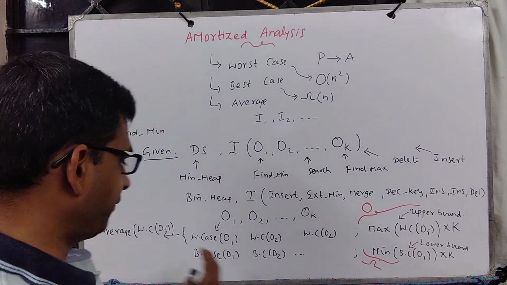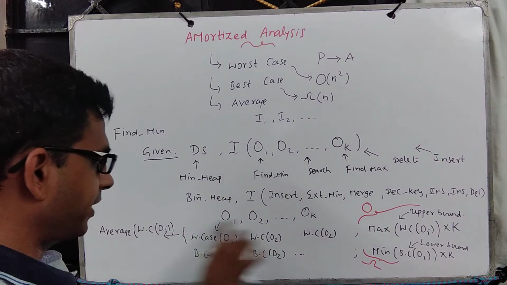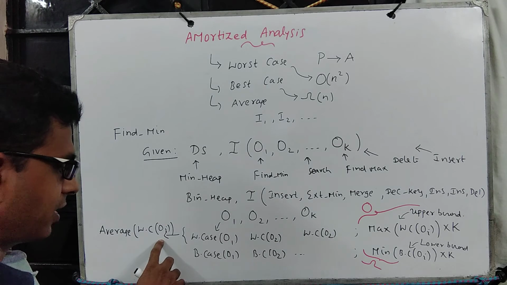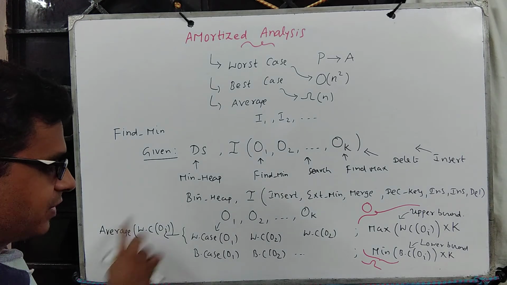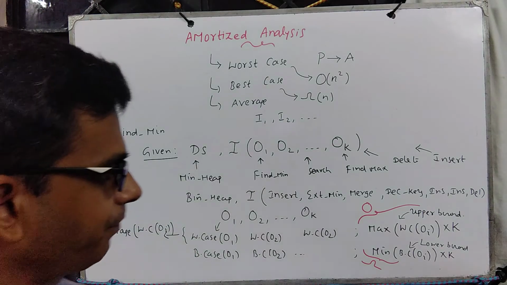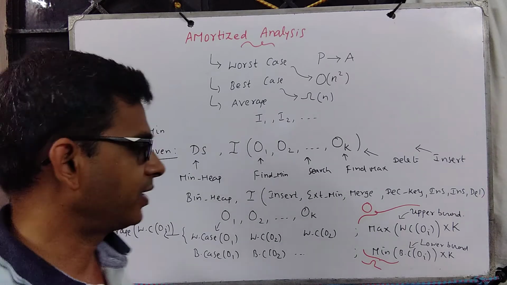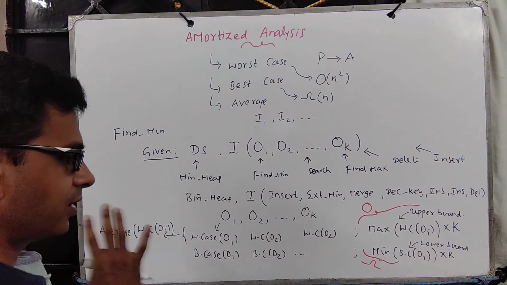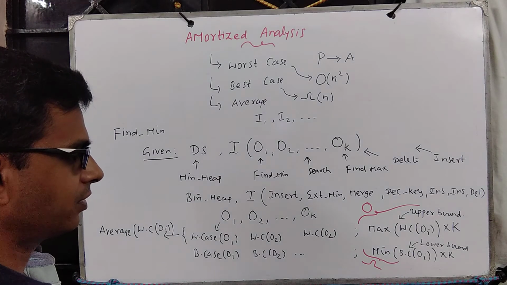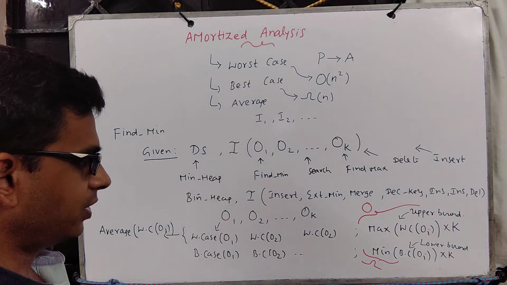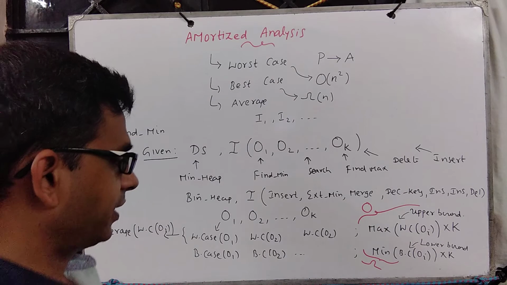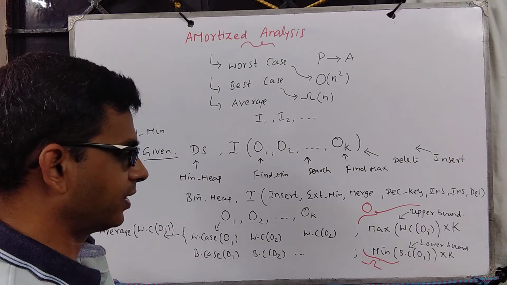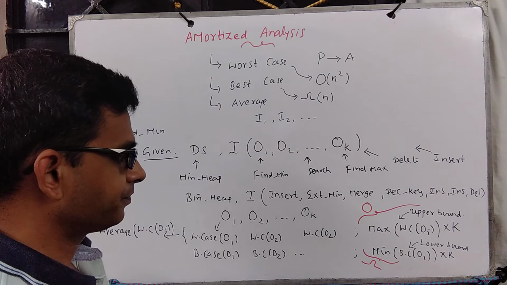So which means you may find some operations whose worst case cost is below this value, and for some of them it is above this value. Correct? So that can happen. This is okay. This is quite intuitive one. Now what we want is, is there a different way of looking at the analysis?